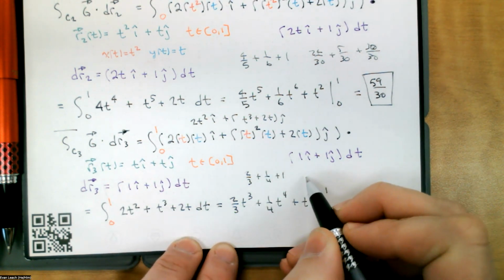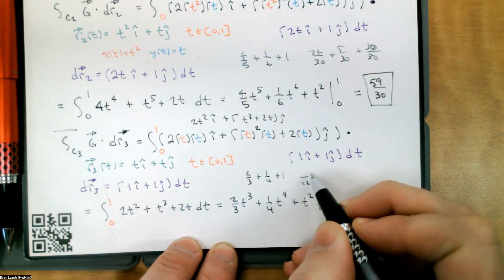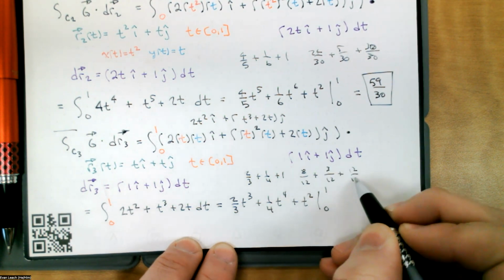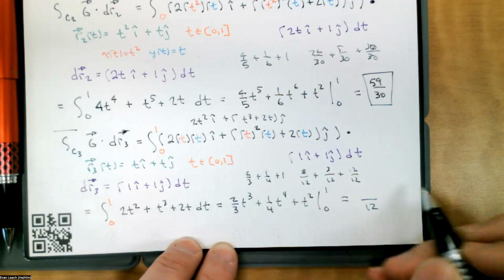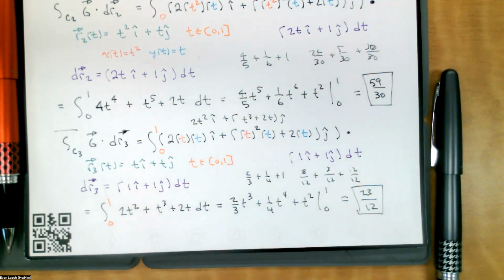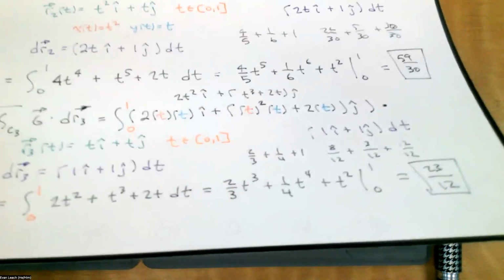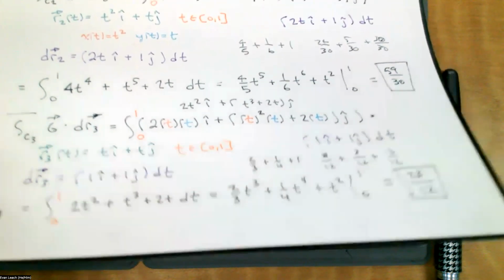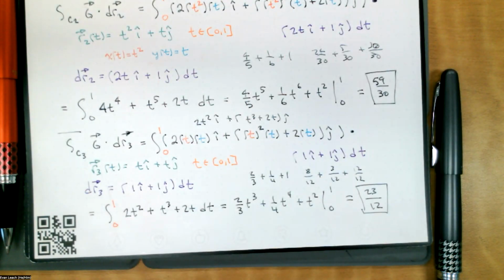Yep, so we're gonna have what, 12s we'll use, 8 12s, 3 12s, and 12 12s. Yeah. Yeah, 2 and negative 112.